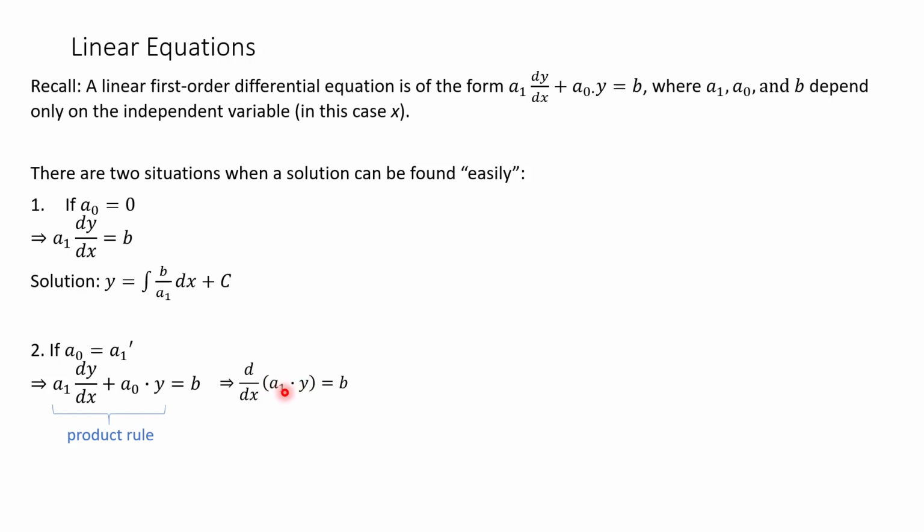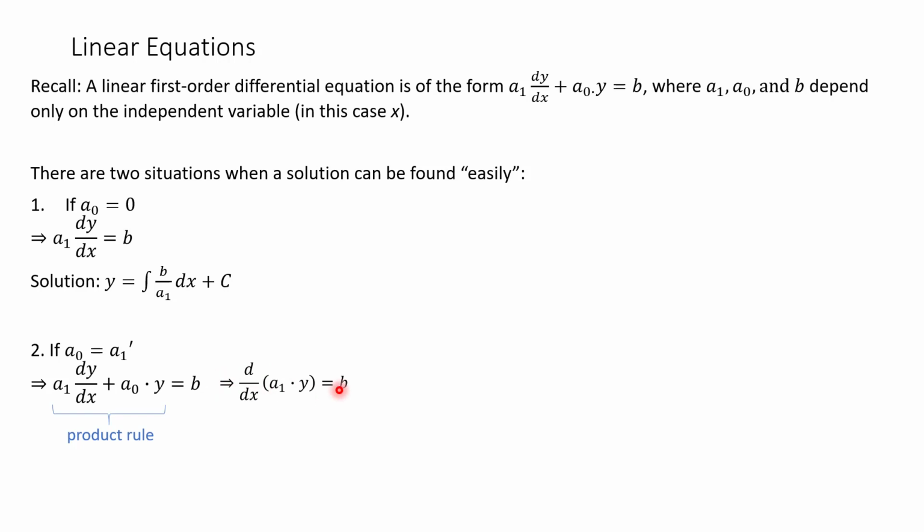The derivative of a sub 1 is a naught, according to case 2 here, times y. And then the derivative of y is dy dx times a sub 1. And so we take this expanded version of our product rule and we go backwards with it, if you want to think of it like that.